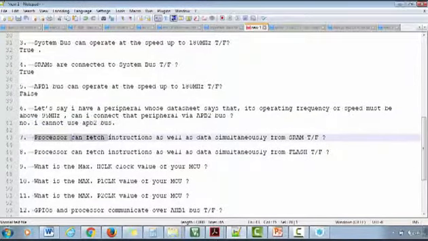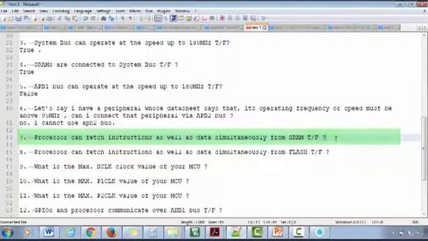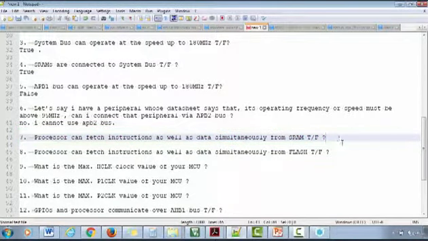Now, next question. Processor can fetch instructions as well as data simultaneously from SRAM. True or false? Just think about this answer. Can the processor fetch instructions and data simultaneously? No, right?